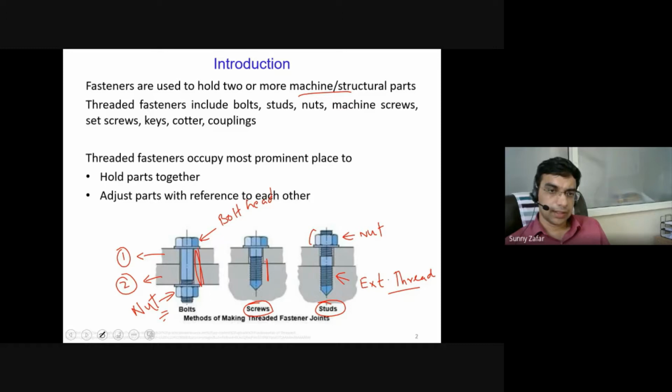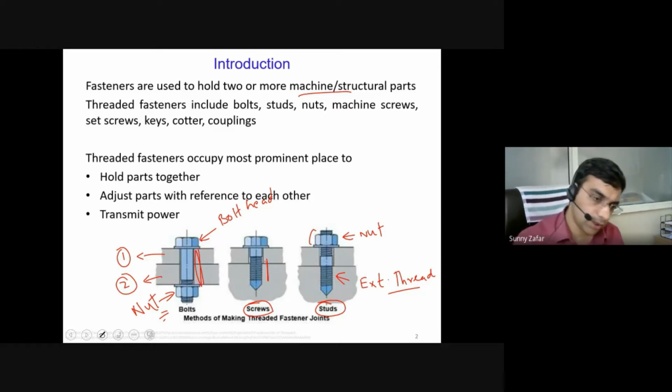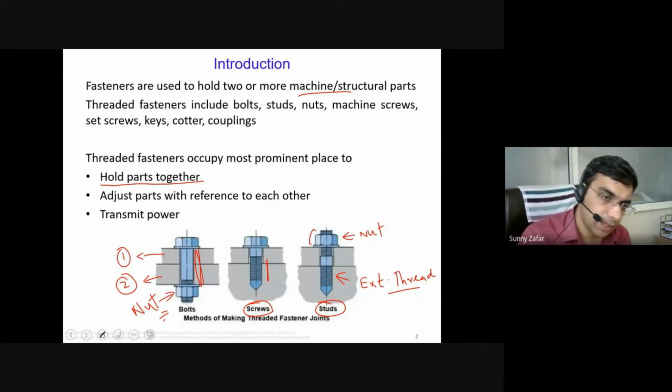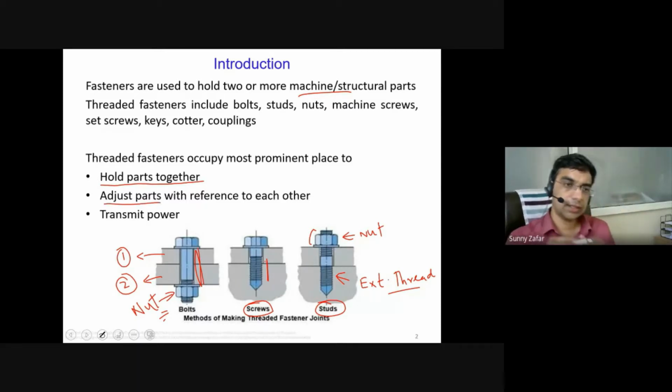Threaded fasteners are used in different scenarios other than holding two parts together. One is the function that we clearly understand, that whenever we want to hold two parts together, threaded fasteners could be useful. Then the second scenario is to adjust the parts with reference to each other.